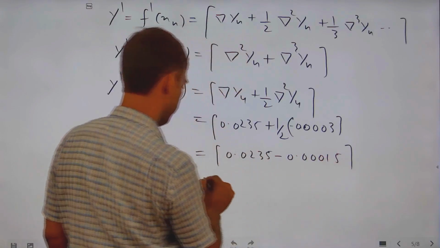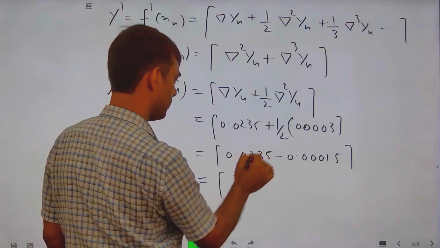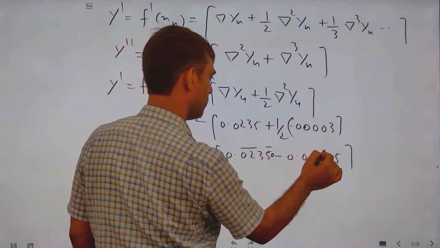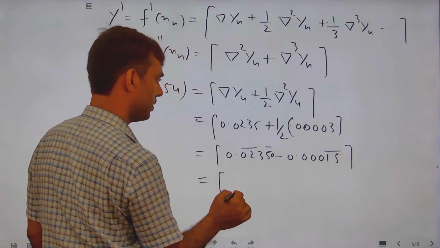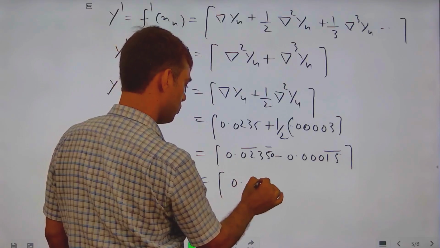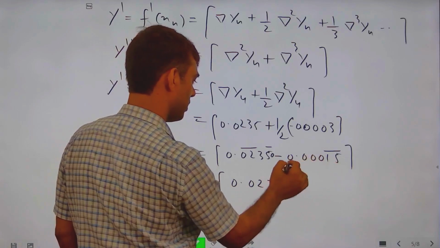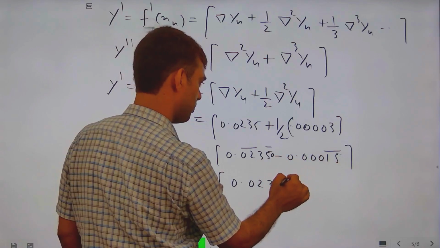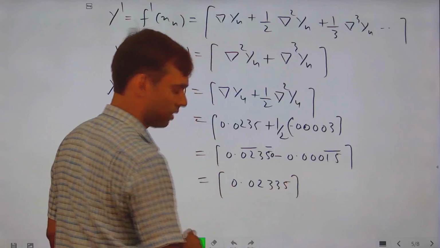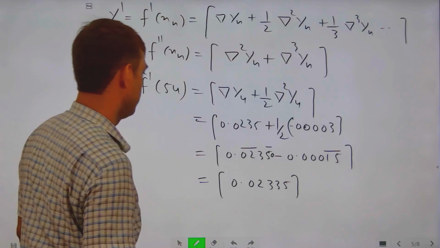So 0.02350 minus 15 gives 35, 0.02335. Once we verify this result, I think it is correct. So this is the answer.